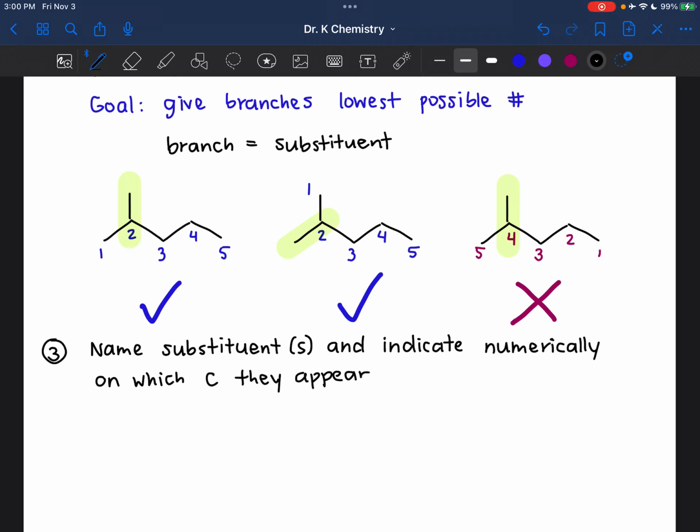So you're going to give your substituent an address. You're going to say, where does this thing live? Where is it located? And we're going to use dashes, or in this case, 1 dash, because we have 1 substituent, to separate the carbon number and the substituent name.